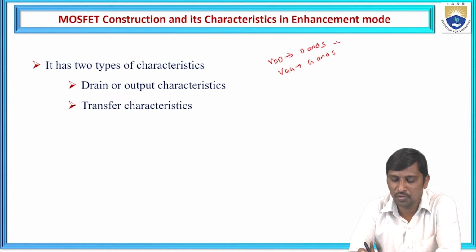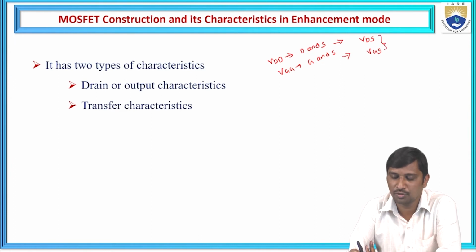When you apply the biasing voltage between the drain and source, we need to identify how much potential difference is observed between the drain and the source, which is represented as VDS. Similarly, the potential difference observed between the gate and the source is represented as VGS.